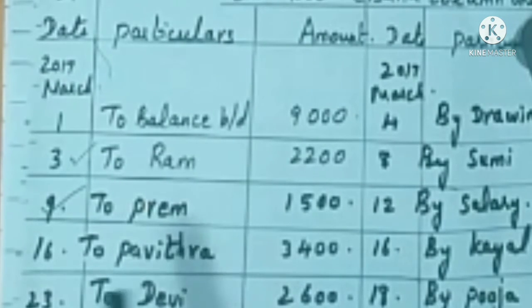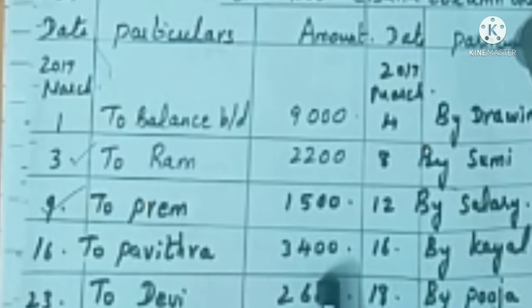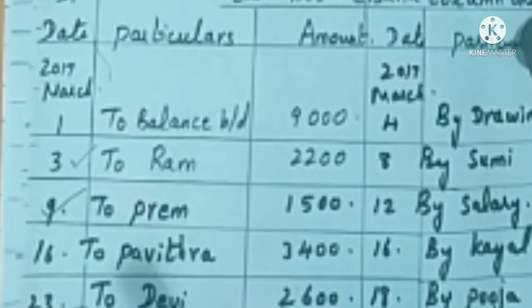So remember, To Pavitra 3400 is recorded in the cash book but not in the passbook. This causes the difference between the cash book balance and the passbook balance. So while preparing the bank reconciliation statement, we have to take this rupees 3400 into account. I'm not going to give any tick mark for this one.